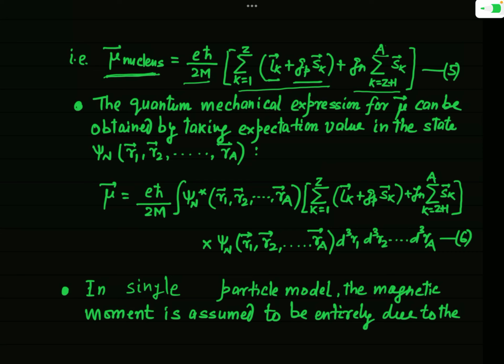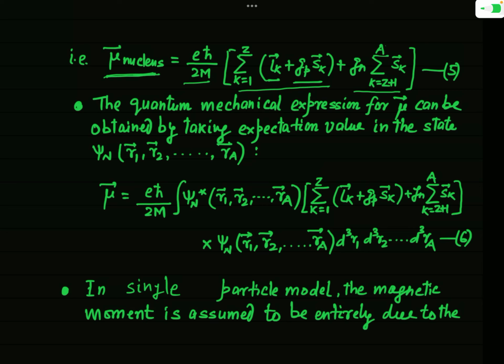In fact, these calculations have been made on a classical basis, because when you talk about a definite trajectory of a proton, it means you are considering classical physics. But at the same time, we have also considered spin, which is purely a quantum mechanical concept.